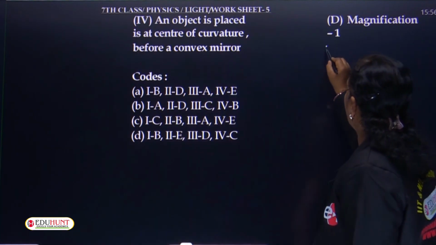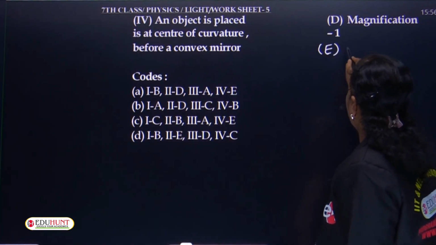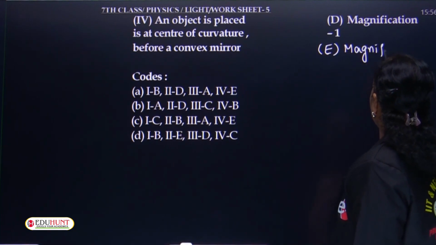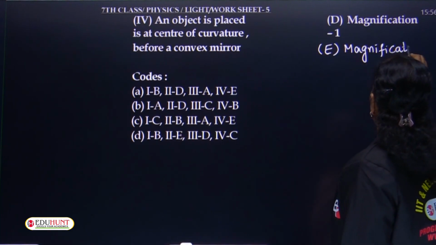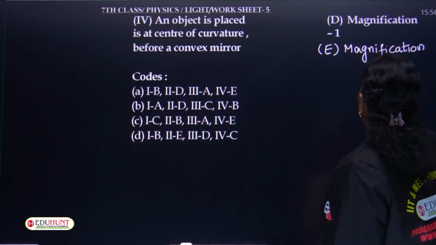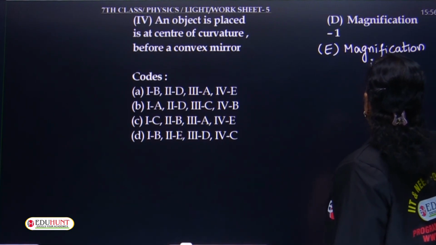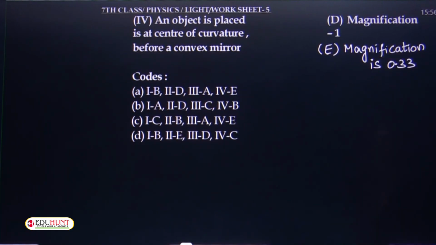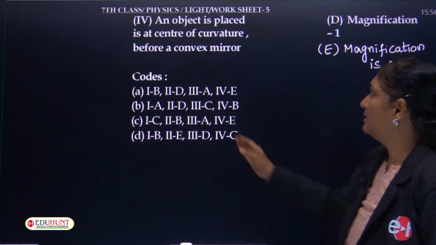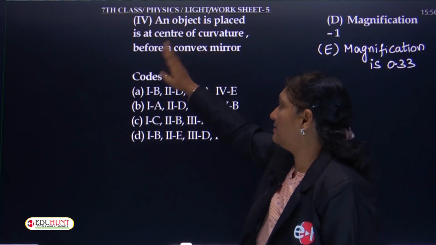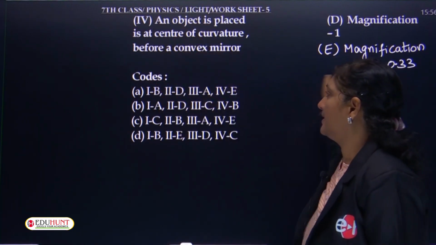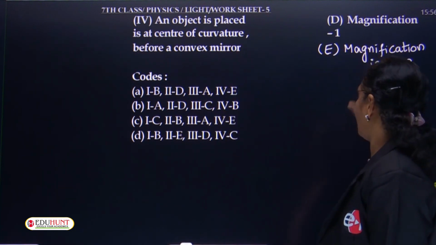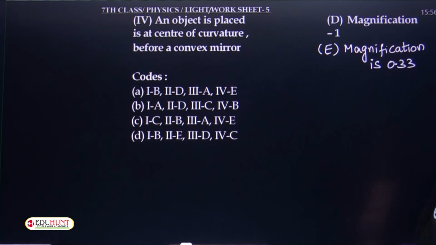So option E also you should take: magnification is 0.33. So these are the 5 options given, children, and you have to match all the left side questions with the right side. So 1, 2, 3, 4 accordingly with A, B, C, D or E.